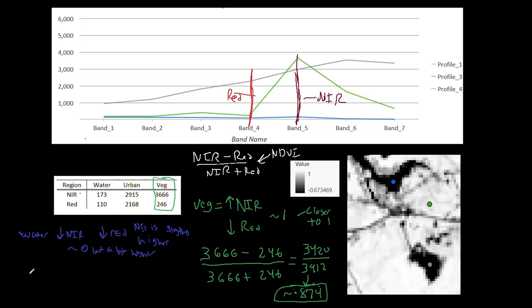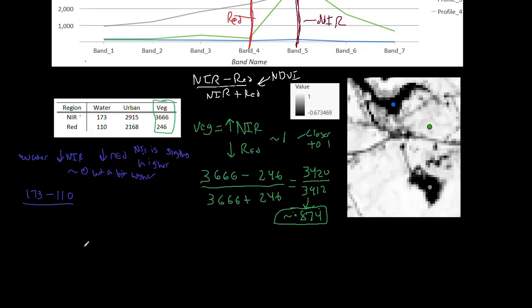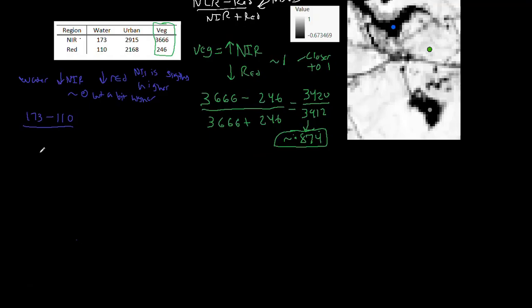So let's go ahead and do that math. Taking the NIR, 173, and subtracting the red, which is 110, over 173 plus 110. If you do the math on that, you get 63 on the top and 283 on the bottom.